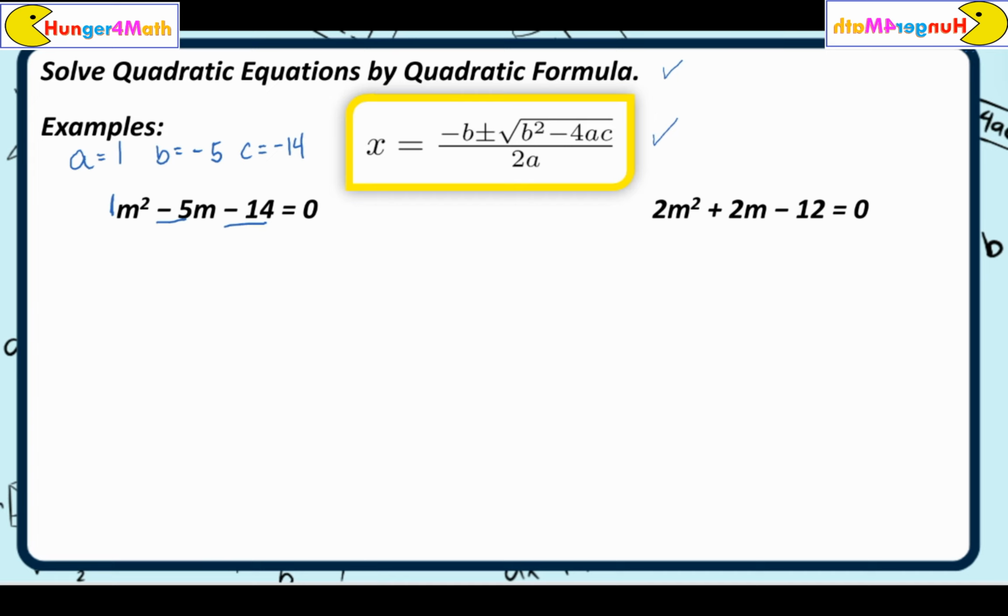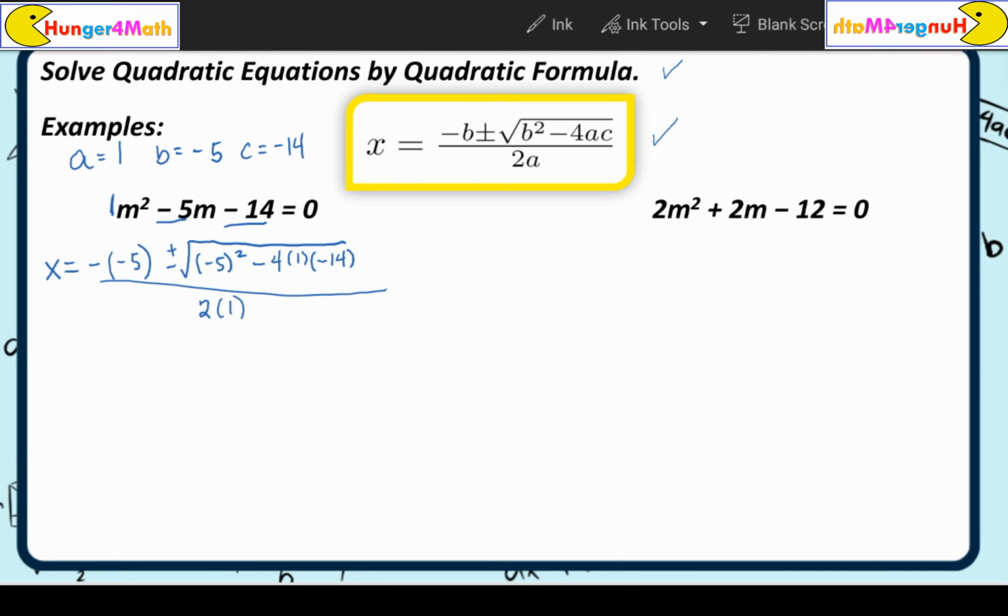Now let's substitute the given to the quadratic formula. That will be x is equal to negative times the value of b, which is -5, then plus and minus the square root of b, which is -5, and that is squared, then minus 4 times a, that is 1, times c, that is -14, all over 2 times the value of a, that is 1.